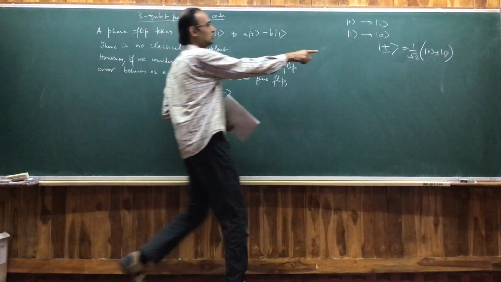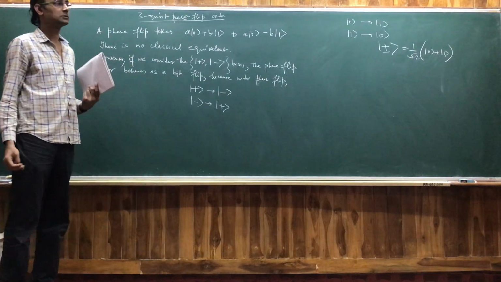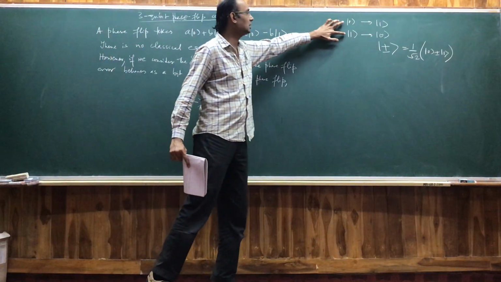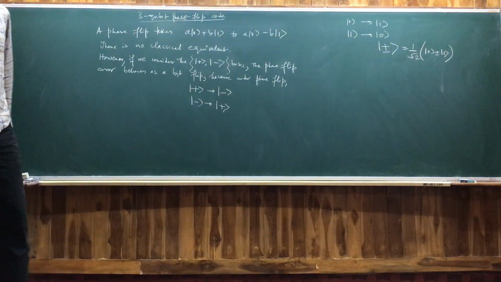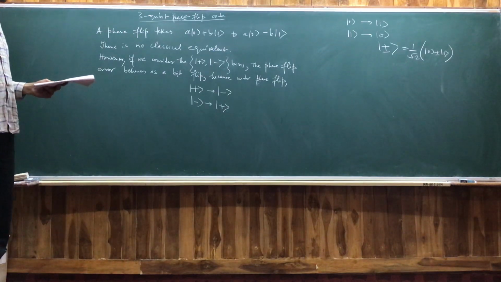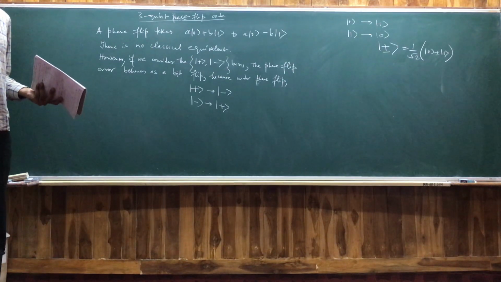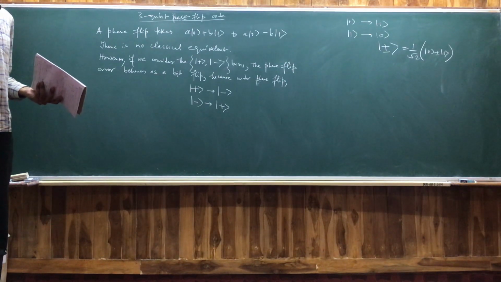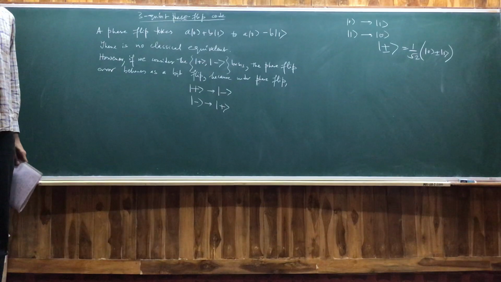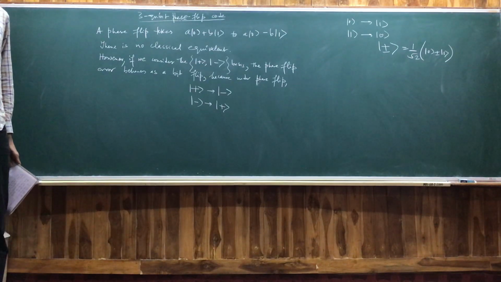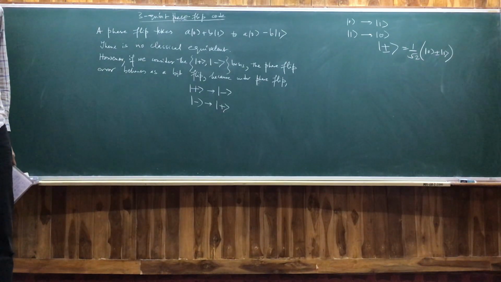So if you do that with this, you will see that they go to each other, which is very similar to what was happening in the bit flip case. The basis was getting flipped. So the coast is clear now. We will replace all zeros and ones by pluses and minuses, and the thing will go through. But you have to know that the bit flip is not happening. It is only the phase flip happening, and then everything will work.